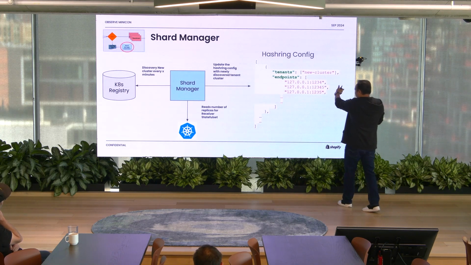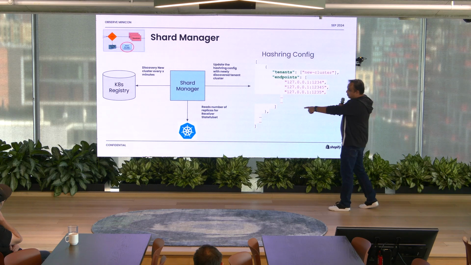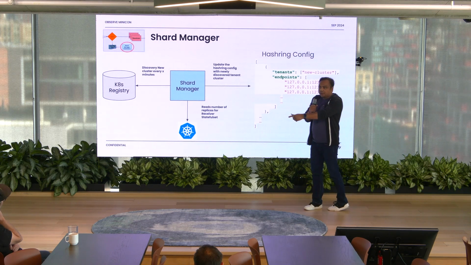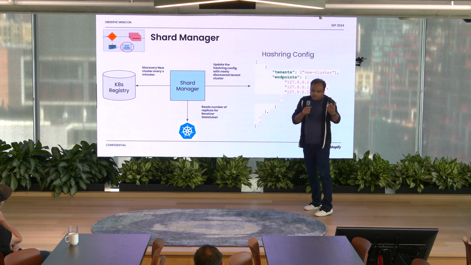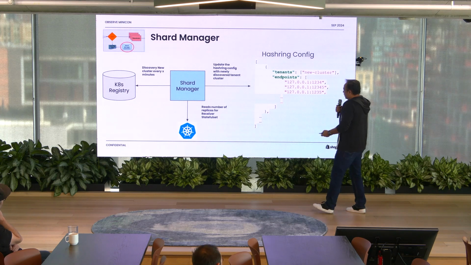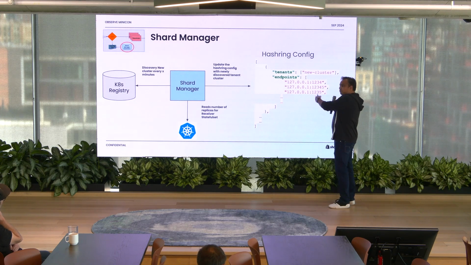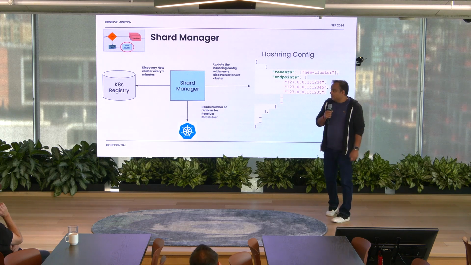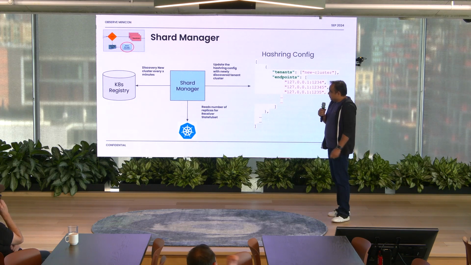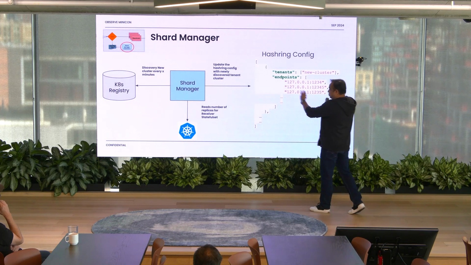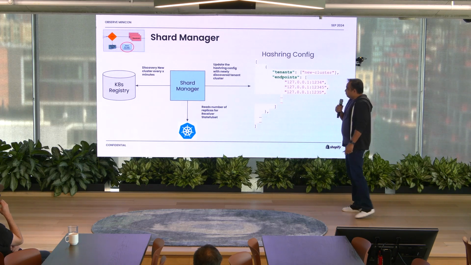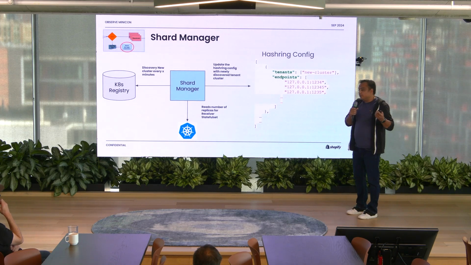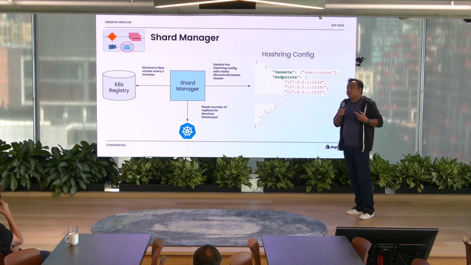It adds a new entry. It is also aware of how many receiver replicas are deployed, and based on that, it randomly generates a default number of shards and updates the endpoints. So Shard Manager is constantly updating this config map, and this config map is used by the router. And the router, when metrics are received from this cluster, is ready to handle it.